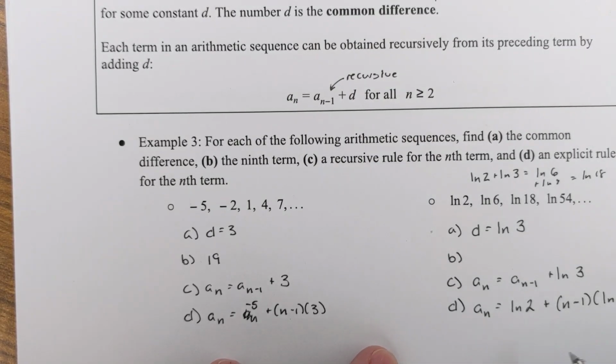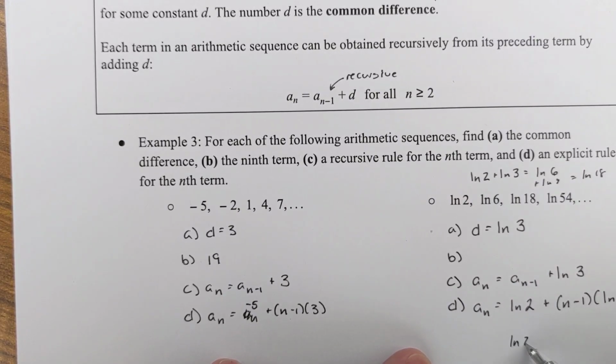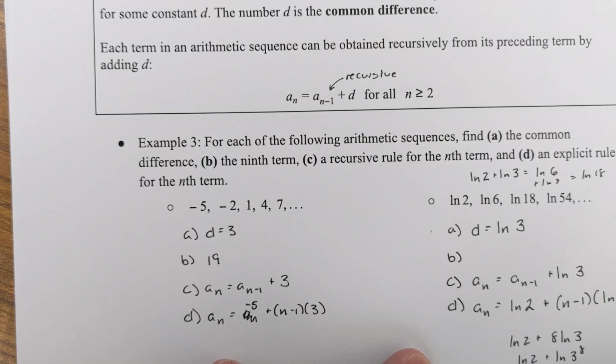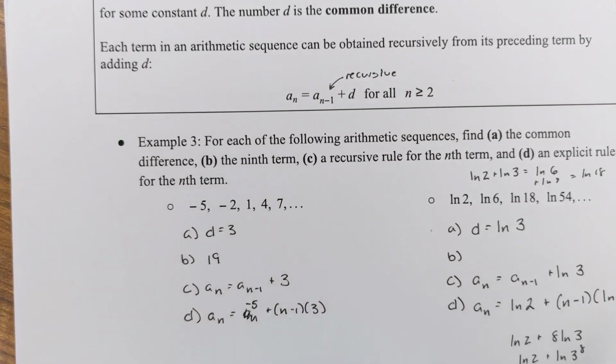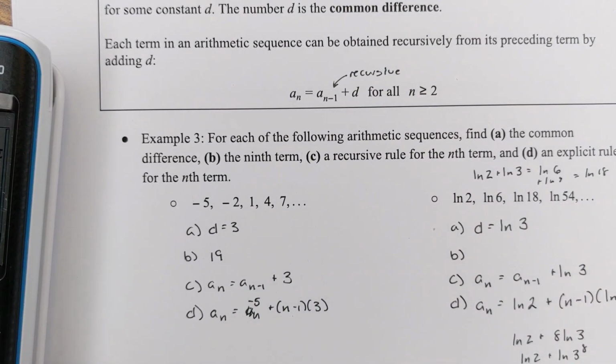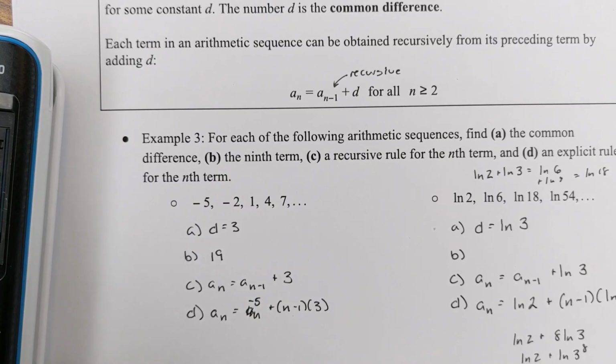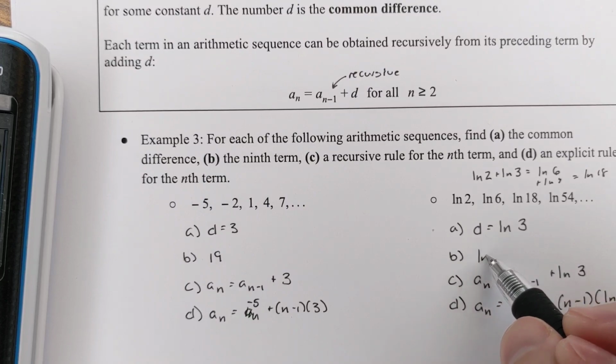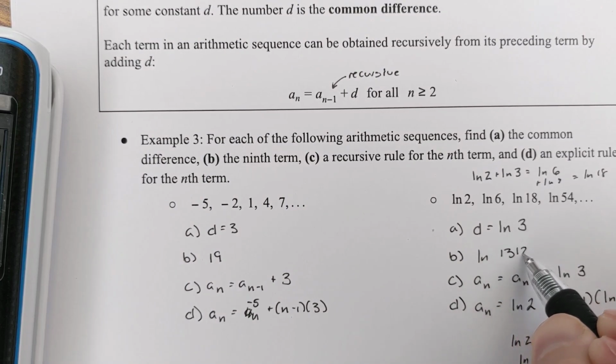Here we'd have ln 2 plus 8 ln 3. Coefficients of natural logs are actually exponents, so this is the natural log of 2 times 3 to the 8th. So 2 times 3 to the 8th would be the natural log of 13122.